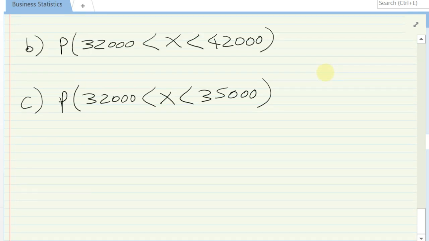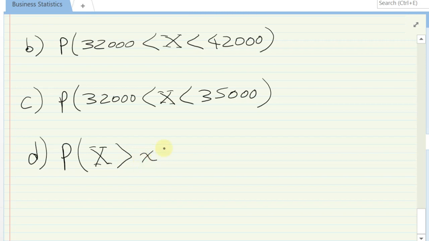So what we want in part D is this. We want to know the probability of X, the random variable, where capital X represents the random variable, being greater than some value of X that we want to find in this exercise. We want to know what this cutoff is. What is that value so that 20% lies to the right of it?